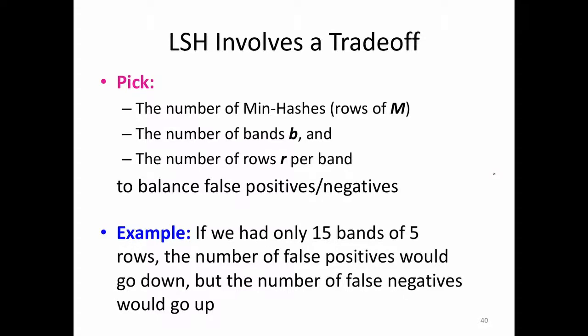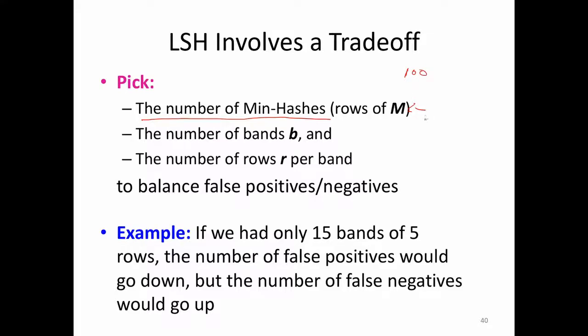Now the thing to understand here is this LSH. First of all, the question is, how many min hashes do you use, or what is the size of the min hash signature that you use? Now here, of course, this is the total number of rows, which we have taken to be 100 in our case.